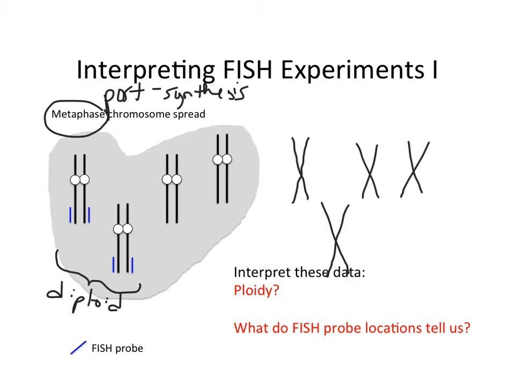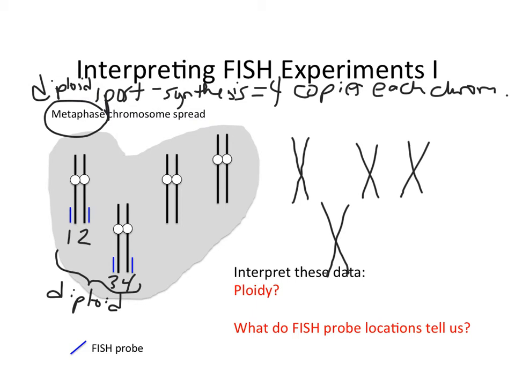After synthesis, there are four. 1, 2, 3, 4. So in a diploid individual, after synthesis, you have 4 copies of each chromosome. It's a diploid individual.